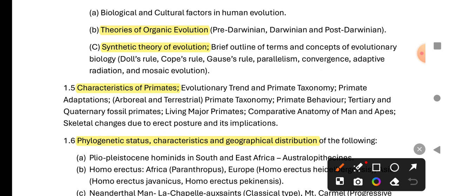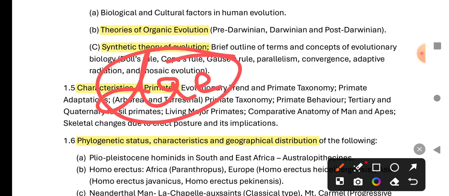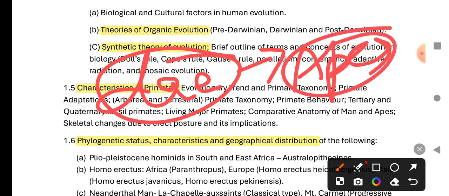The next classification is Hominoidea. In this classification, apes and man are found, and Hominoidea is also divided into three families: Hylobatidae, Pongidae, and Hominidae. In Hominidae, we will study apes and man, that is, apes plus man.